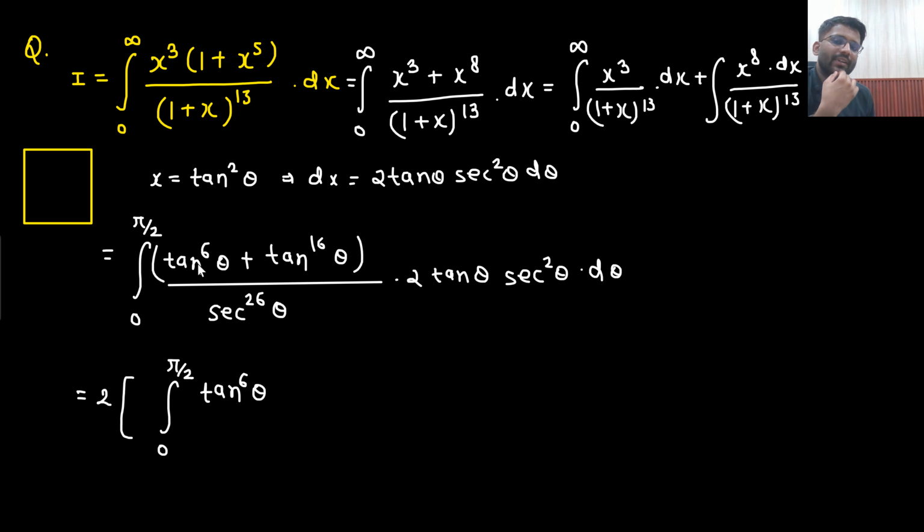This is something that I am doing. So 10 to the power 6 theta should be multiplied with this one. So what will it become? 2, 10 to the power 7 theta sec square theta dot d theta. 2 is already gone.